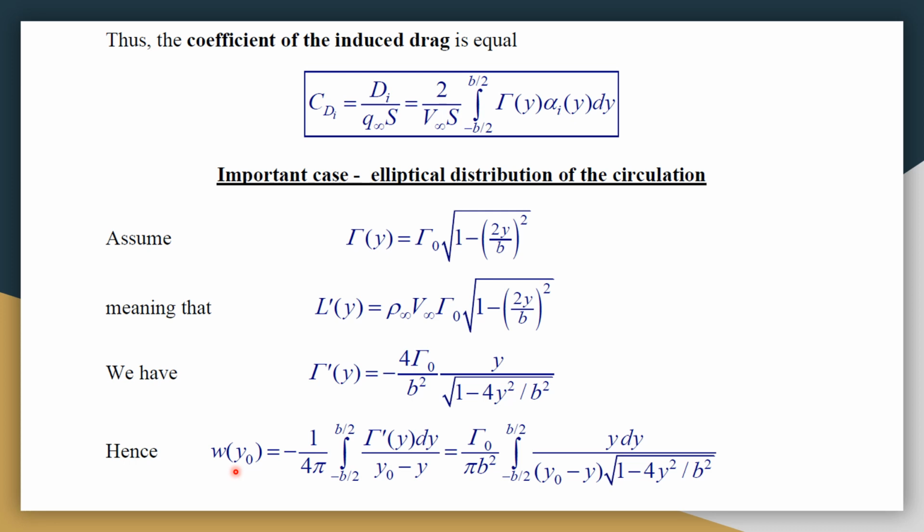Hence w y naught equals minus 1 by 4 pi times the Cauchy principal value integral from minus b by 2 to b by 2 of tau dash y dy upon y naught minus y, which equals tau naught by pi b square times the integral from minus b by 2 to plus b by 2 of y dy divided by y naught minus y times the root of 1 minus 4y divided by b square. This came from this; the whole expression is taken from this.